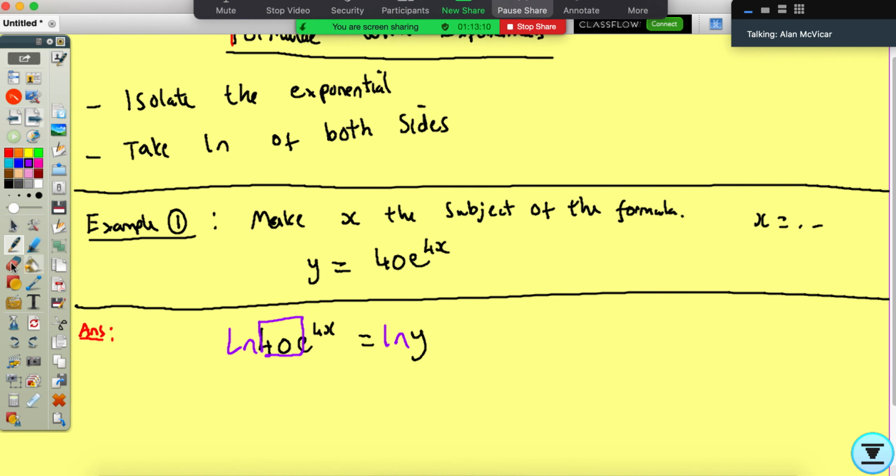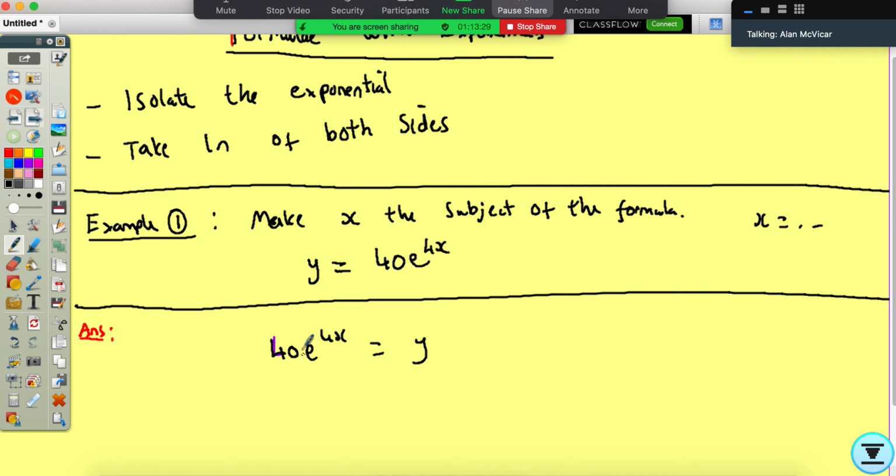So let's go back to what I had. So I need to move that 40 first.